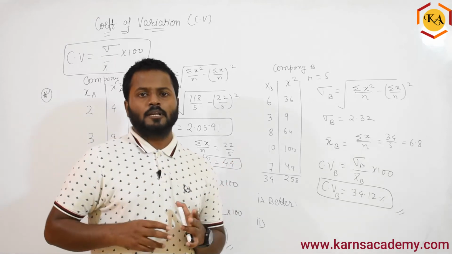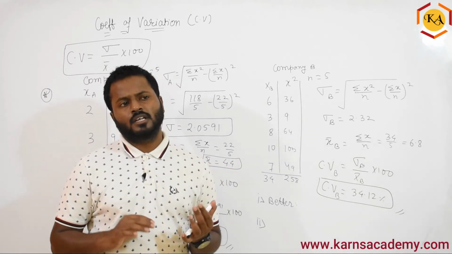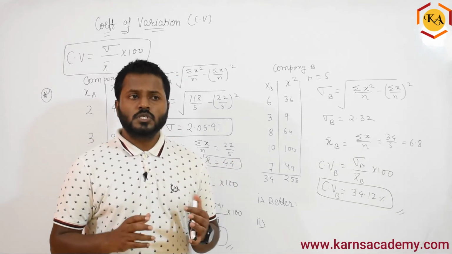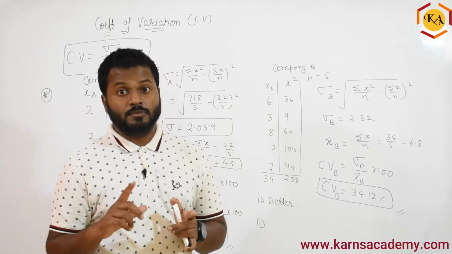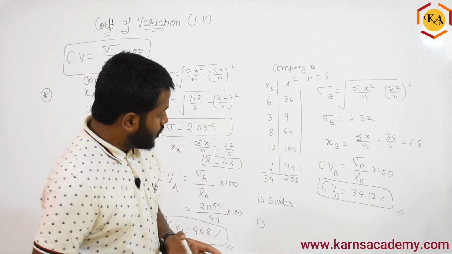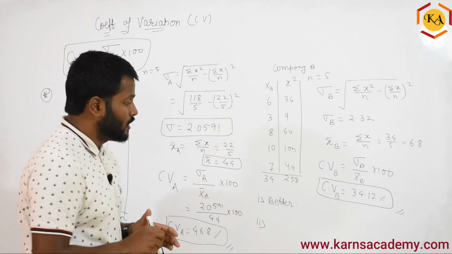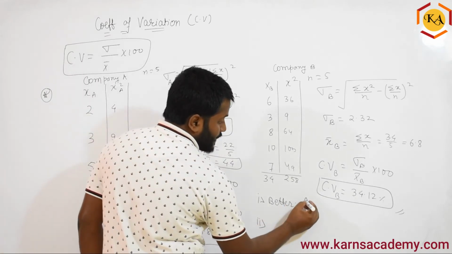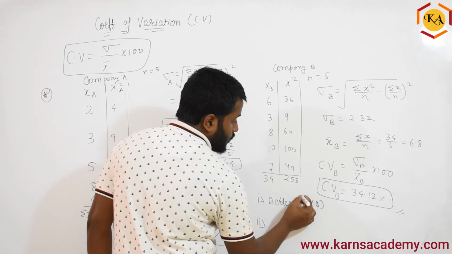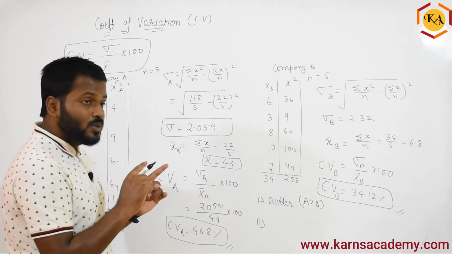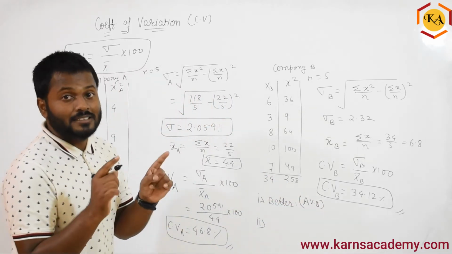Suppose two cricketers are playing, if one cricketer's average is 50 and another's is 52, of course you will say his average is better, he has the 52 average. So whenever the question asks about better, you compare the average, and whichever average is greater, that is better.